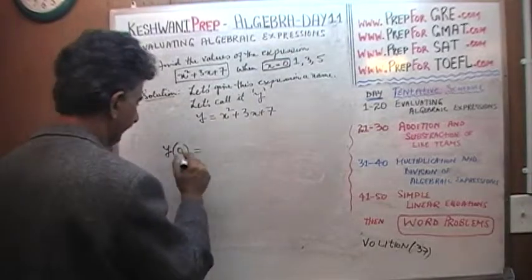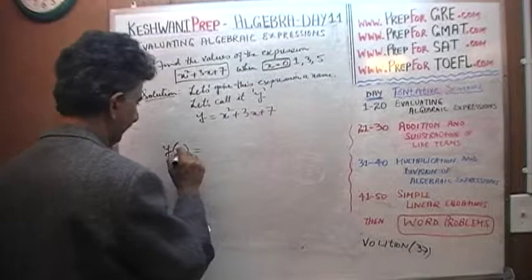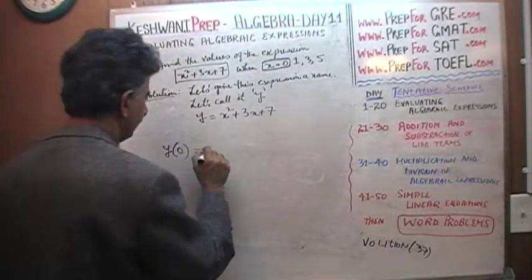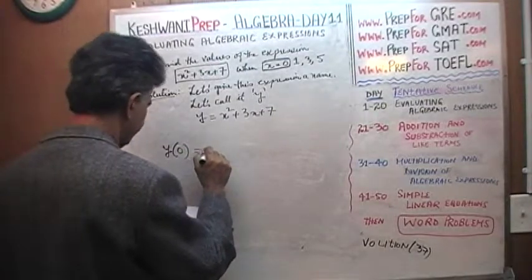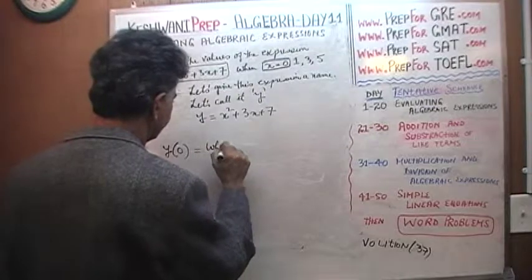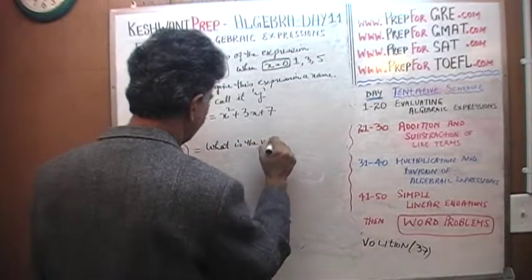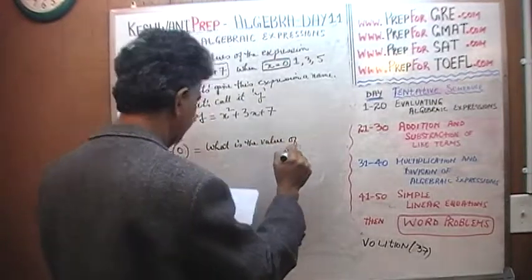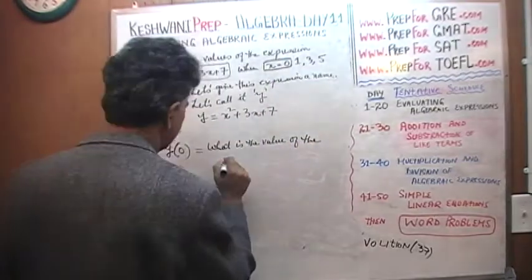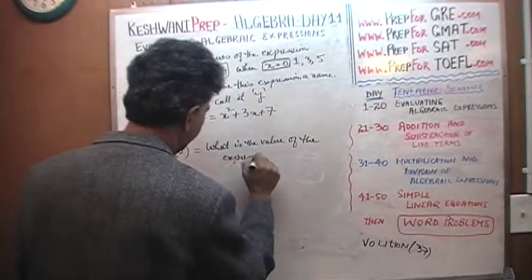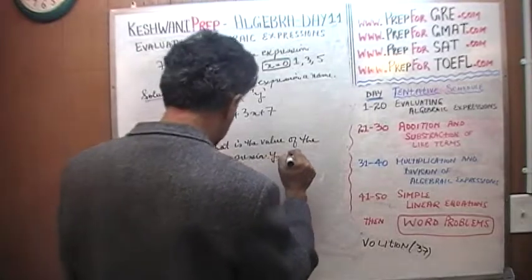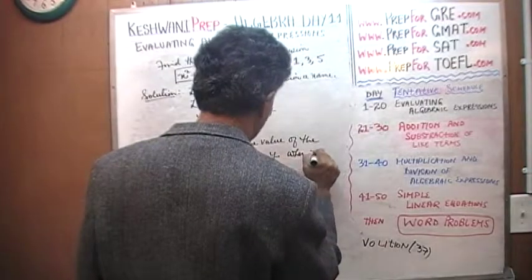What we're saying here is, this symbol represents: what is the value of the expression y when x equals 0.